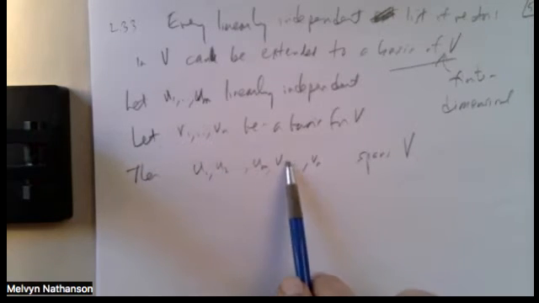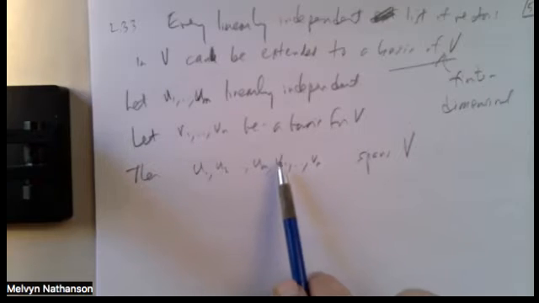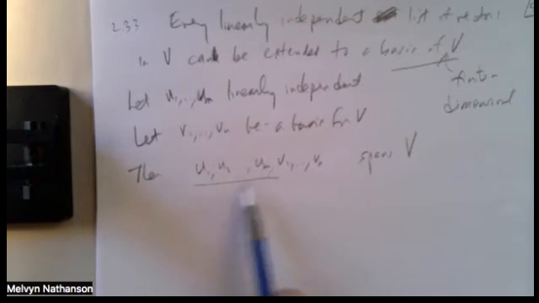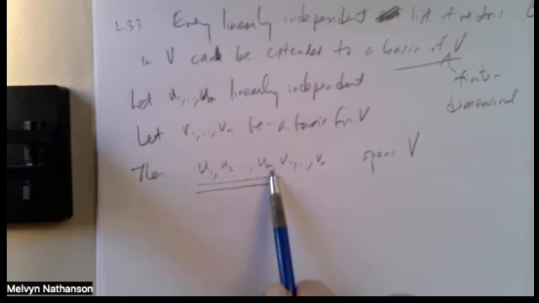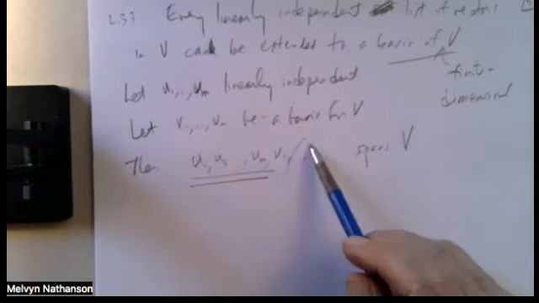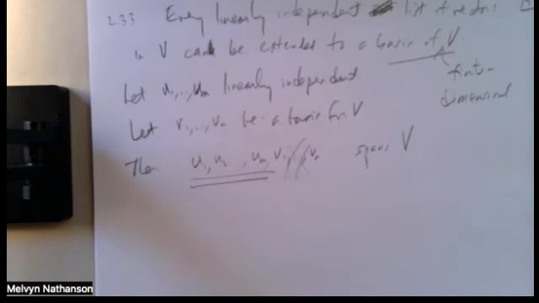When you get one that's linearly dependent on the previous ones, you delete it. So if you go step by step, you won't throw out any of the first m vectors because we know those are linearly independent. But then you might delete some of the v's and you'll end up with a basis. So this is the idea of the proof of this result.